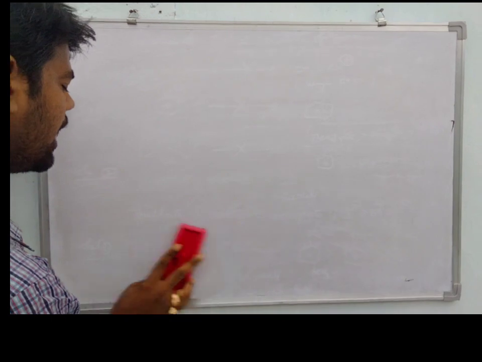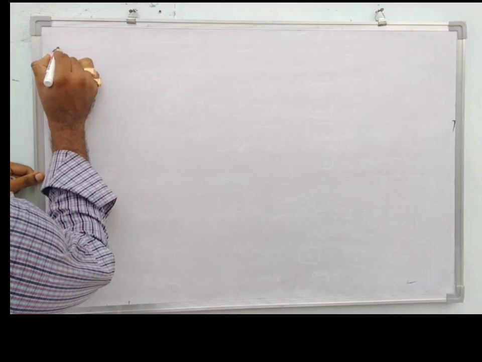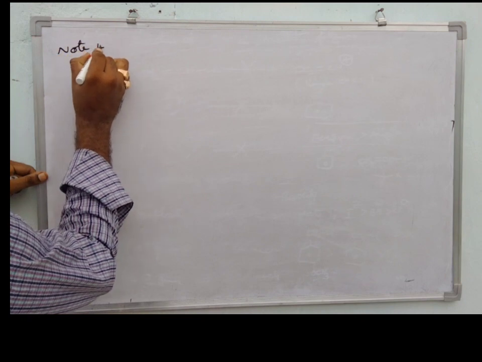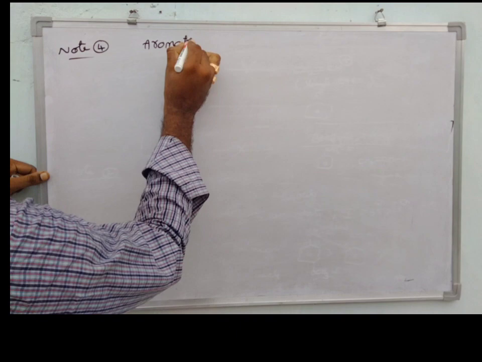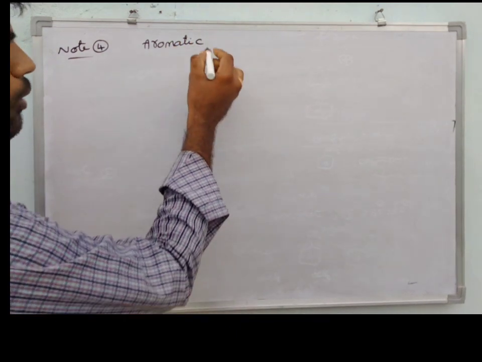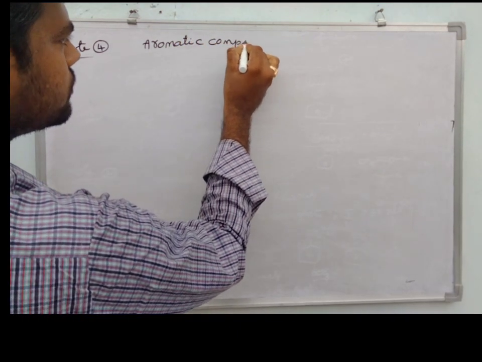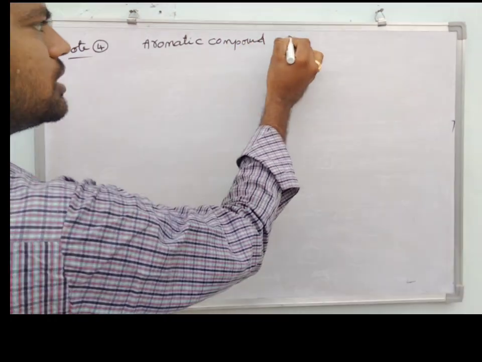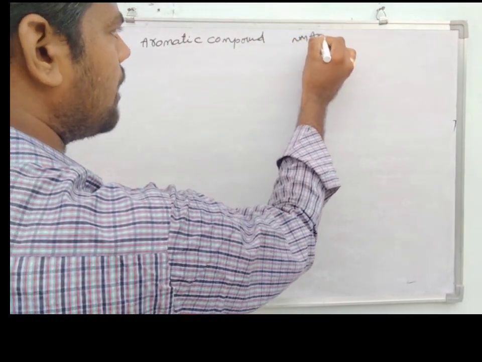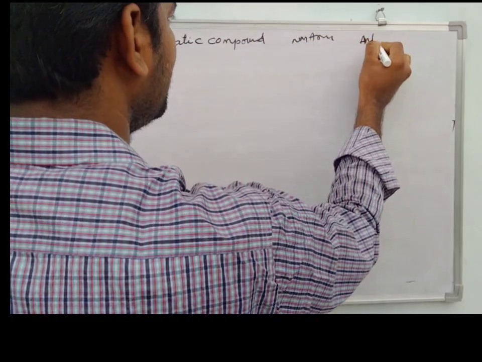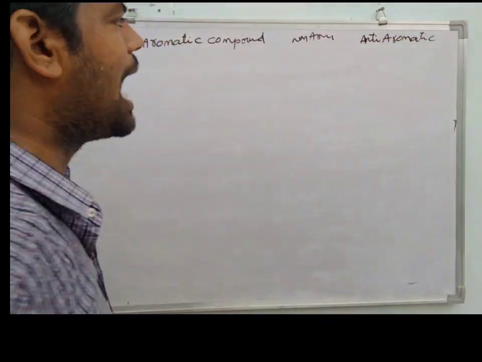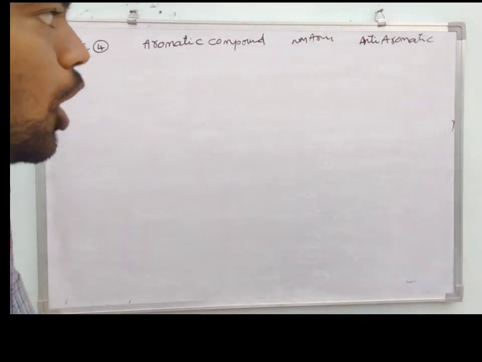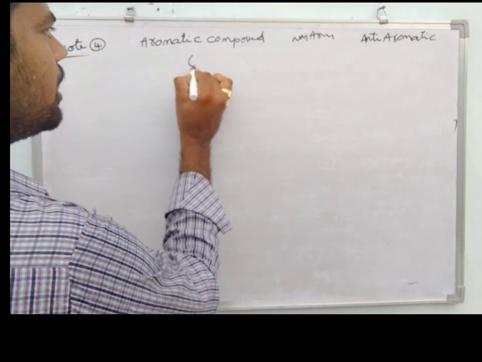After that, note number 4. What is note number 4? If the compound is given as aromatic halides, aromatic compounds, non-aromatic compounds, and anti-aromatic compounds, we know that aromatic means what?